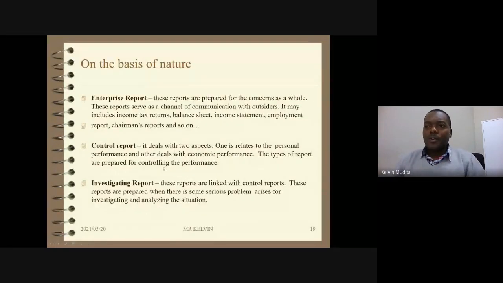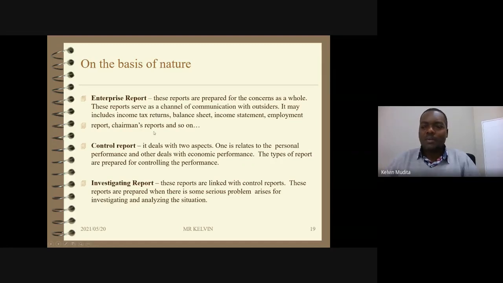Then we also write a report on the basis of the nature of the report. That is, is it a business report? Is it a stock control report or just an investigative report? So this is also another form of reporting.